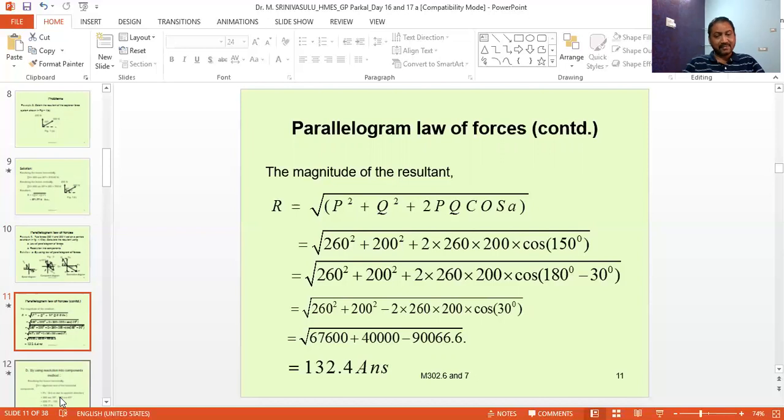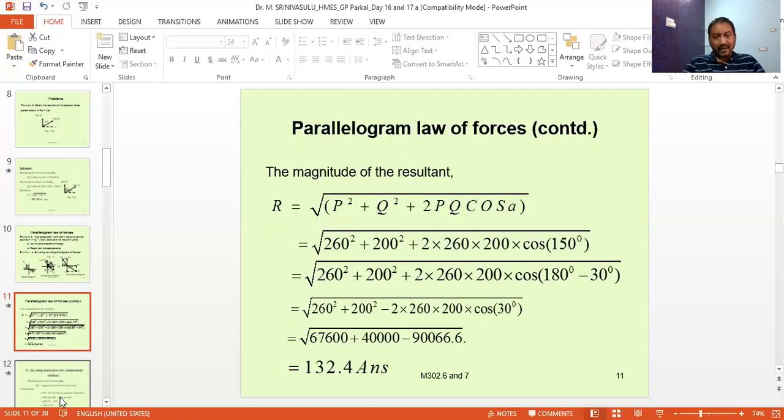So substituting the same value here, 260 whole square plus 200 whole square minus 2 into 260 into 200 into cos 30. So its value is equal to 67600 plus 40000 minus 90000, and we can add all the terms, find the sum, and find the square root of that sum.